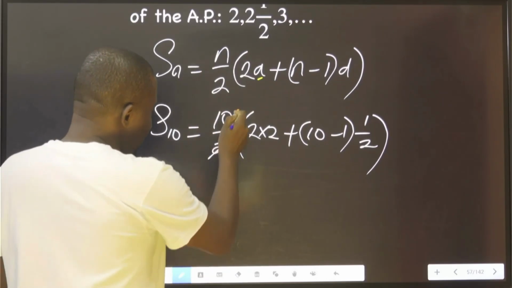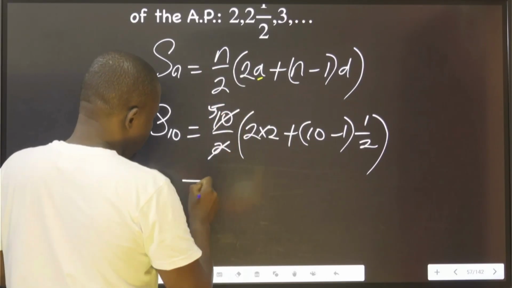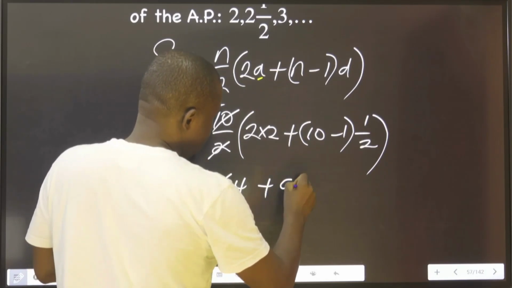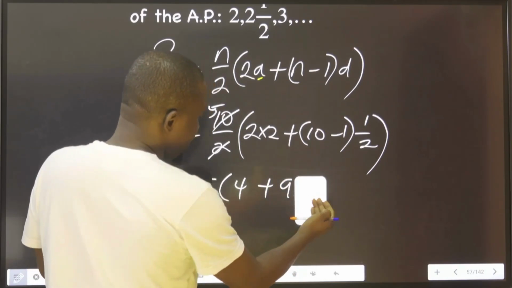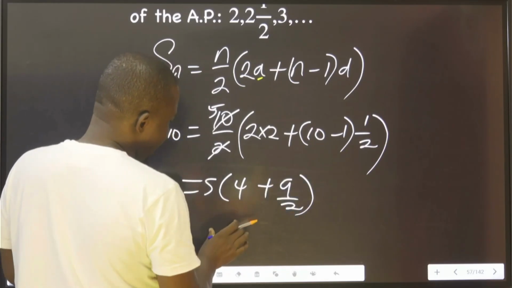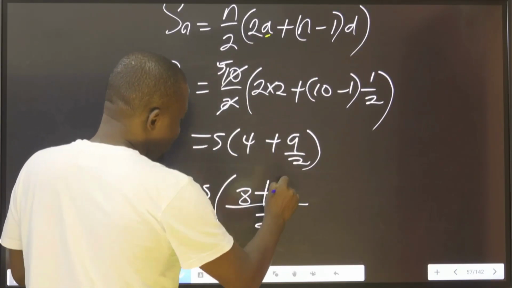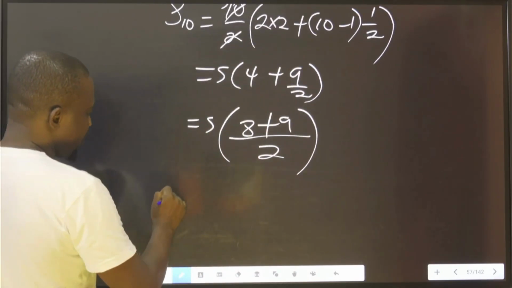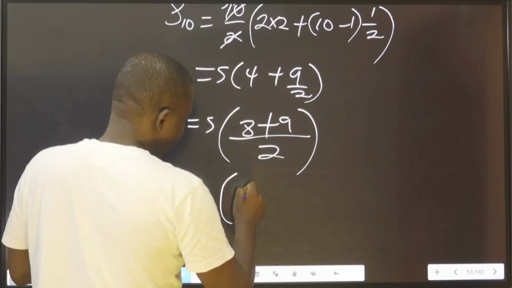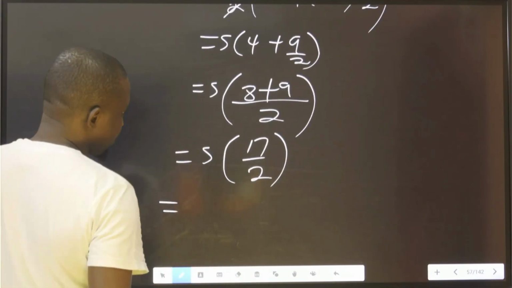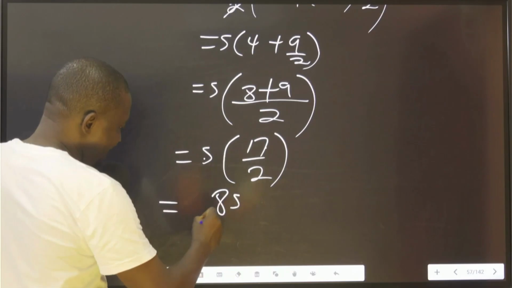Here, it's just basic calculation. Or we simply say over 2 here. That is 5, 2, 8 plus 9. This will give us 17 over 2, which will give us this multiplied by this, 85 over 2.